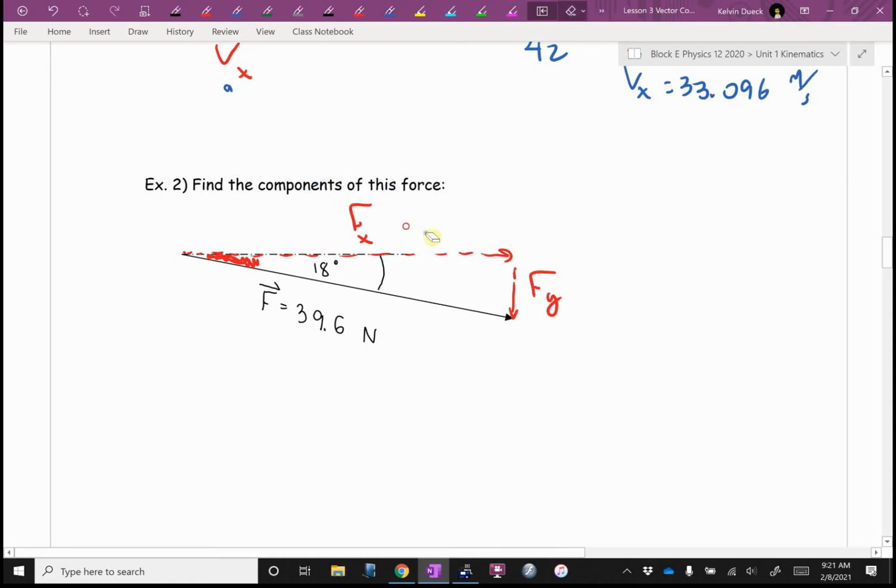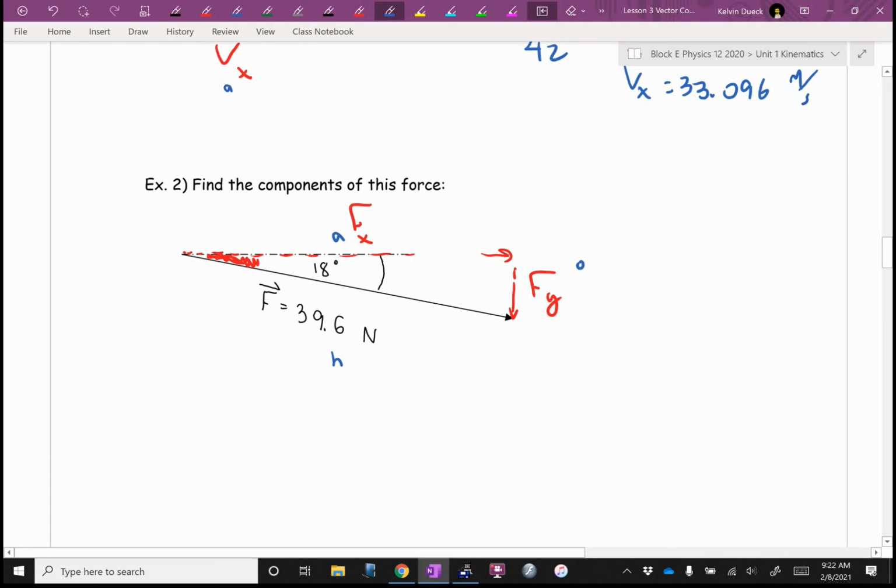I think I disagree, because look, I think that's opposite. So Fx, oops, erased too much. Fx, adjacent, Fy, opposite. Oh, 39.6. No, what is it? Got one more. Hypotenuse. Good.